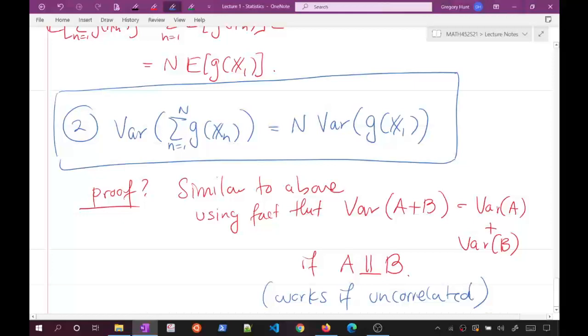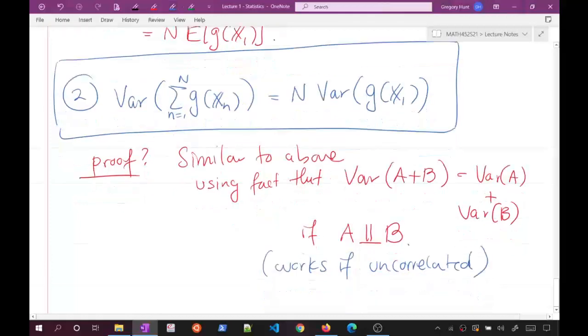If they're uncorrelated, we can play the same game of splitting up the variance of a sum. So independence is more than we need. Nonetheless, it's true. They're independent, they're uncorrelated, the theorem holds. But you could similarly say if I have a bunch of random variables that are uncorrelated, this similar theorem would work.